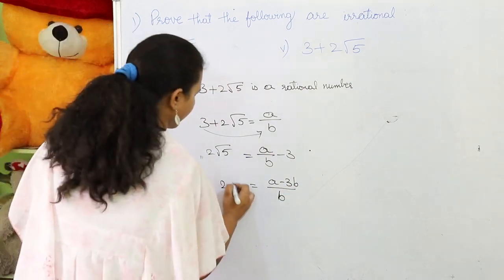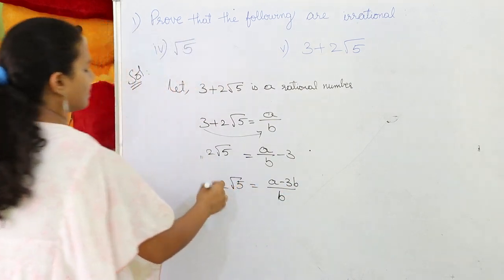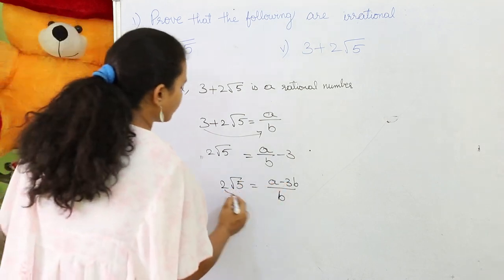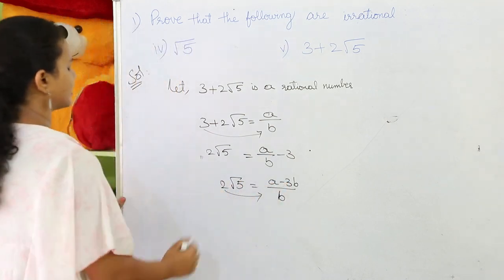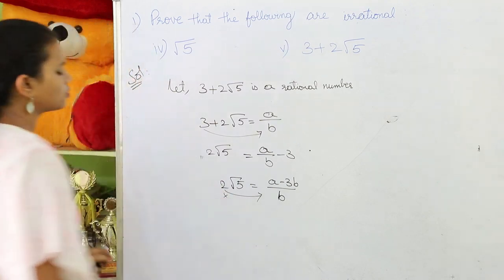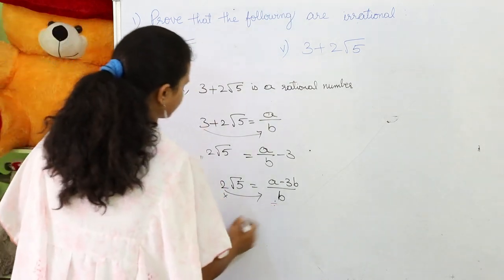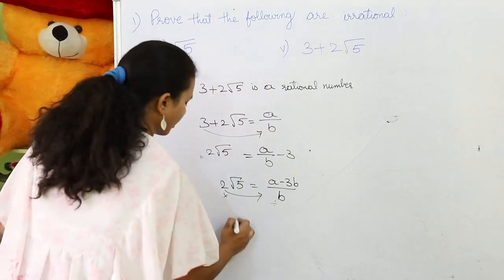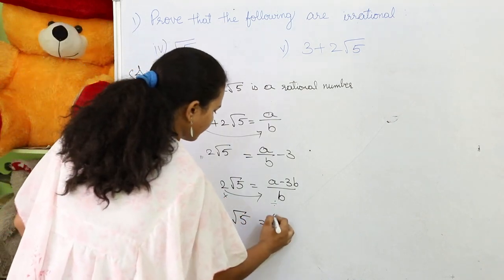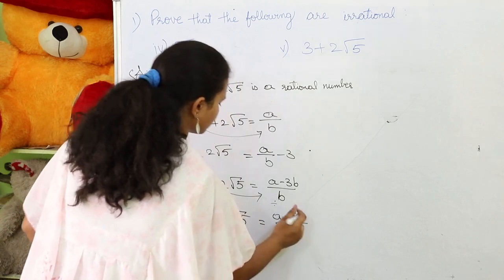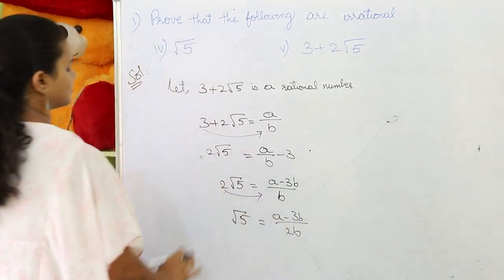So you write 2 root 5 equals a minus 3b by b. Now transpose this 2 to the other side. Here 2 is getting multiplied, so if I ask 2 to go to the other side, it becomes division. So root 5 equals a minus 3b by 2b. This becomes 2b. Clear?